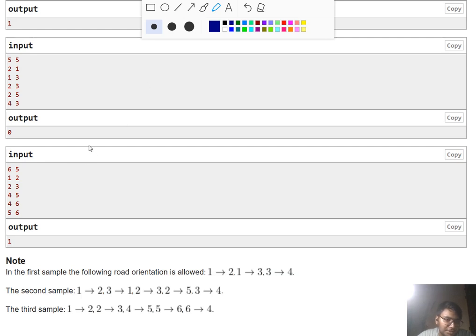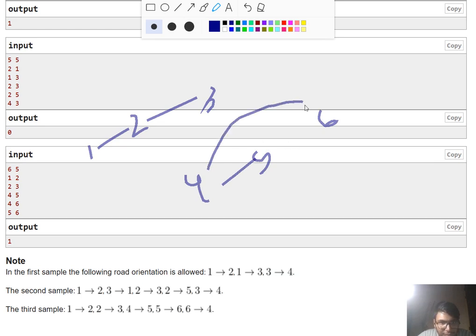If I go from one to two there's a connection, from two to three there's a connection, and there's also four, five, six, four to five, four to six, five to six. Okay, so this is kind of a cyclic structure.